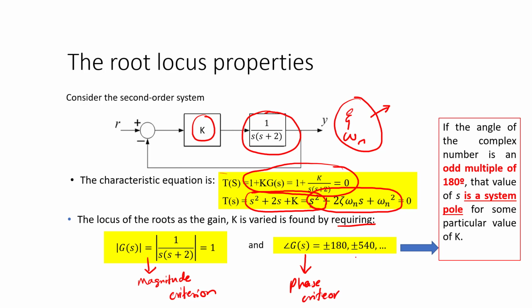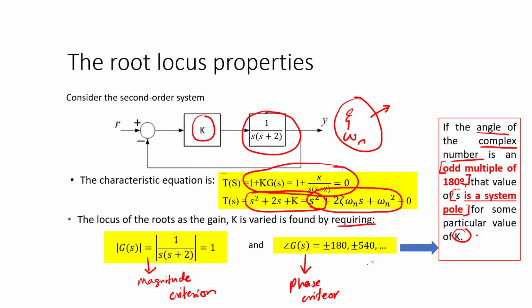So how do we know that the root locus is in the path of the system? By looking at the angles of the complex number, if this is found to be an odd multiple of 180 degrees, then the value of s is a system pole for some particular value of K.